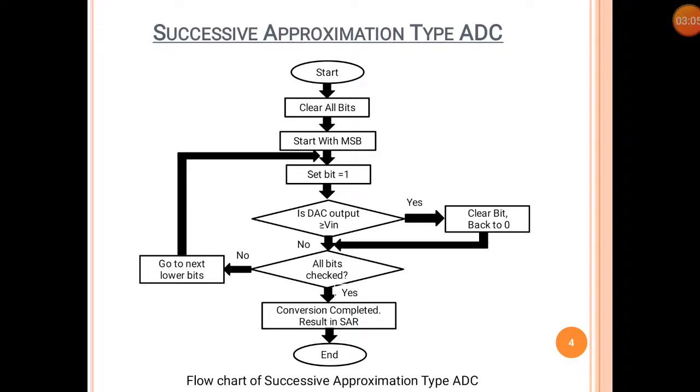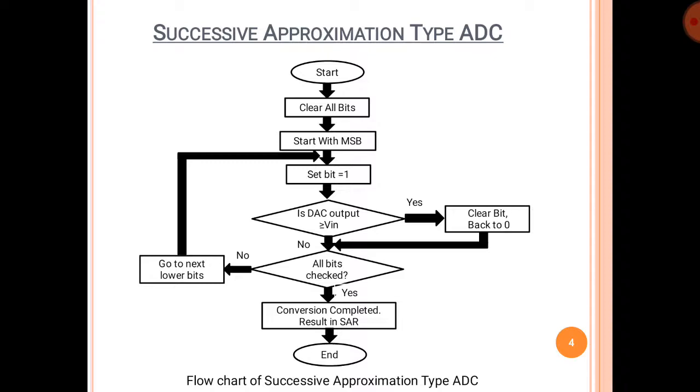Now let us see the flowchart of the successive approximation type ADC. First, it will start, and it will clear all the bits. In this case we have considered 3 bits, so all the 3 bits are cleared. We will start with the MSB. I will set the MSB as 1, and then compare the output of the DAC with the external input Vin. If the DAC output is greater than or equal to Vin, then I will clear the bit and go back.